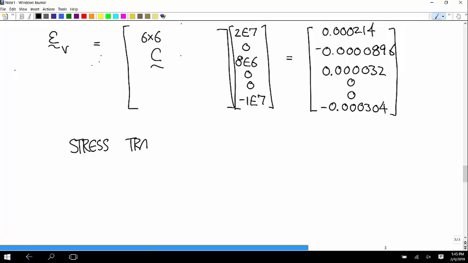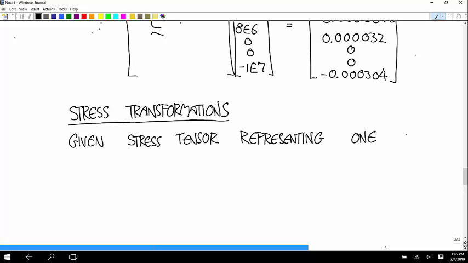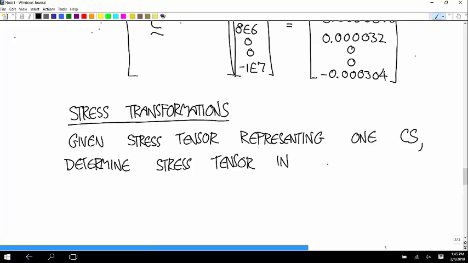But the idea with stress transformations is, given a stress tensor using one coordinate system, so representing one coordinate system, determine the stress tensor in another coordinate system.